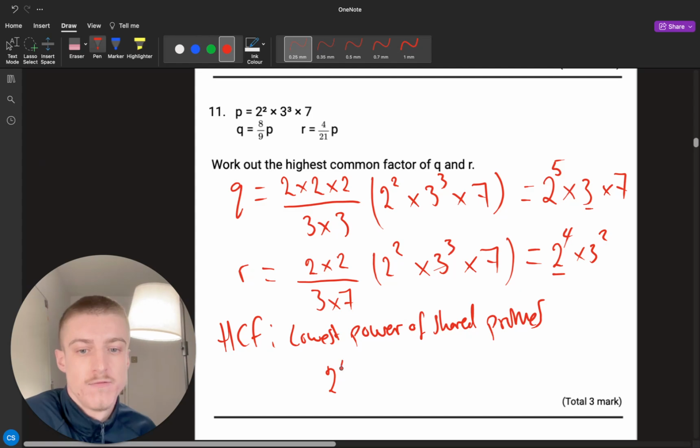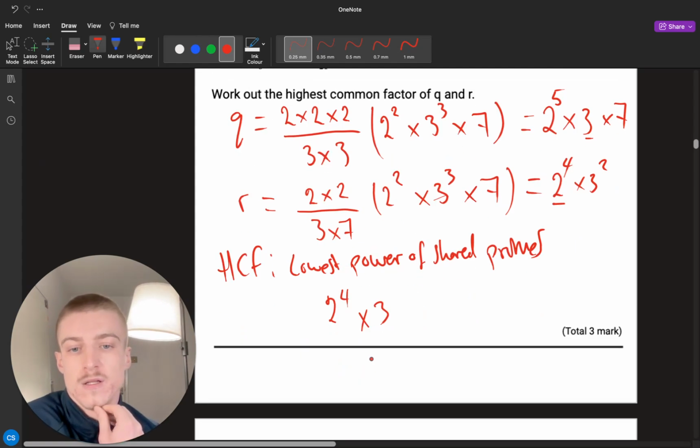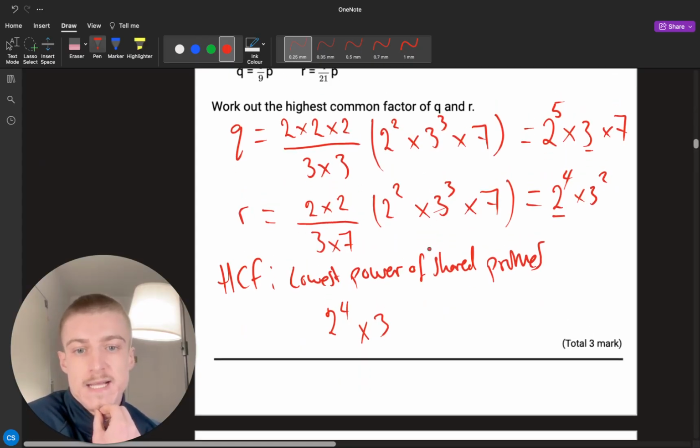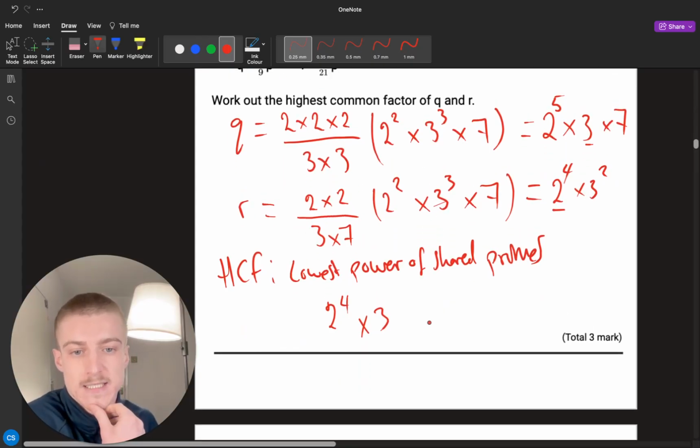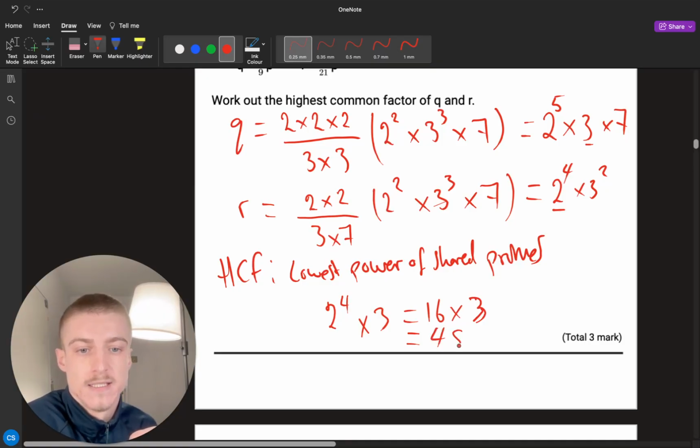So 2 to the power of 4 times 3. We know that 2 to the 3 is 8 times 2 again. We've got 16 times 3, which gives us 48 as the highest common factor of q and r.